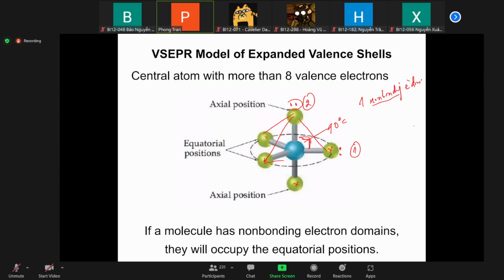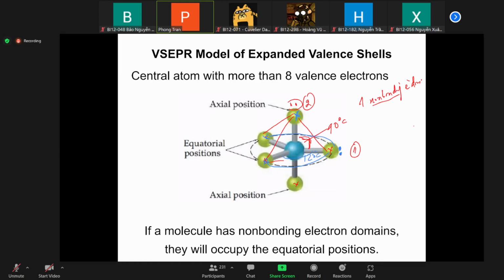Now, if you take the second option, you put the non-bonding pair of electrons here, and then the atom here. So you see that 2 atoms have far, weak interaction, because the angle here is 120 degrees. So the distance is quite far.